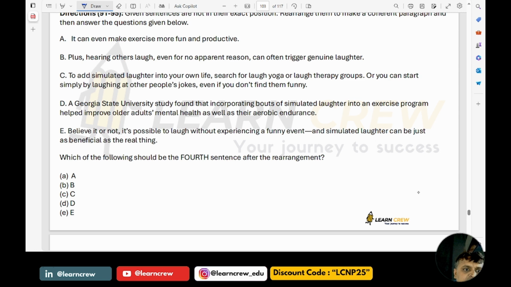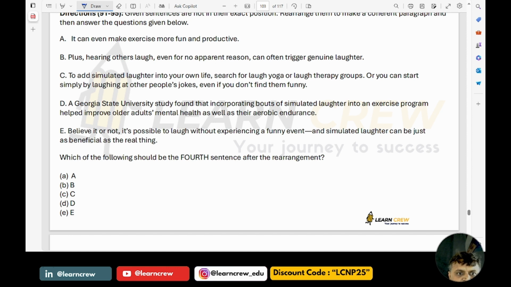To add simulated laughter into your own life, search for laugh yoga or laugh therapy groups, or you can start simply by laughing at other people's jokes, even if you don't find them funny.